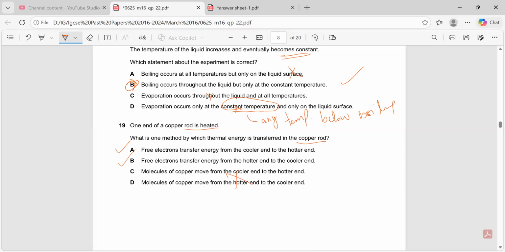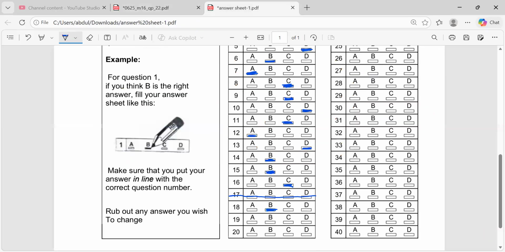These are the free electrons which are moving. So, free electrons transfer energy from cooler to hot end? No. From the hotter end to the cooler end, because thermal energy always flows from higher temperature towards lower temperature. So that's why the answer for 19 will be B, my dear friend. Answer for 19, it will be what? It will be B.